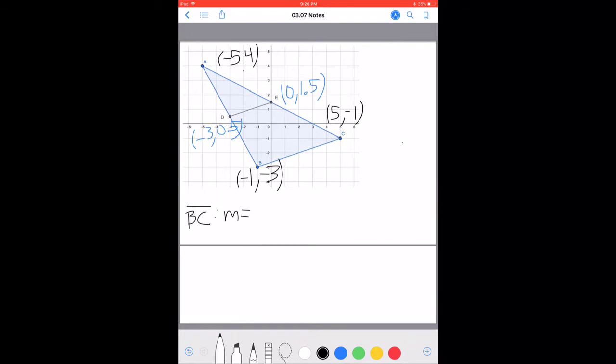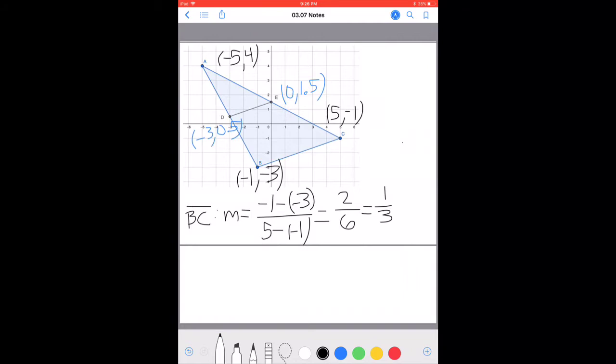So here, let's just say C is the second point, we would have -1 minus -3 all over 5 minus -1. So that means we get -1 plus 3, so that would be +2 on the top. And on the bottom we would get 5 plus 1, so 6, and we could reduce that down to 1/3.